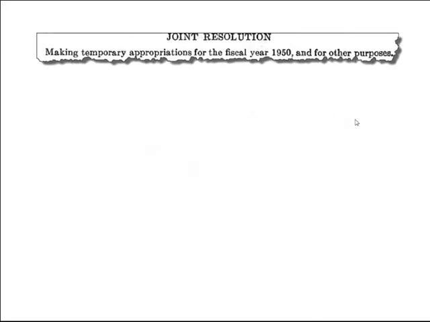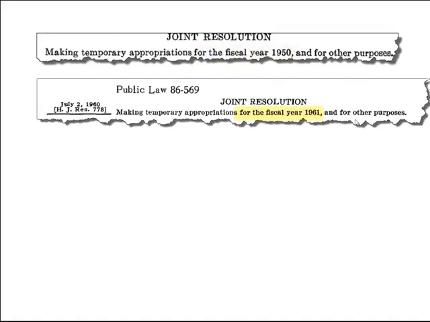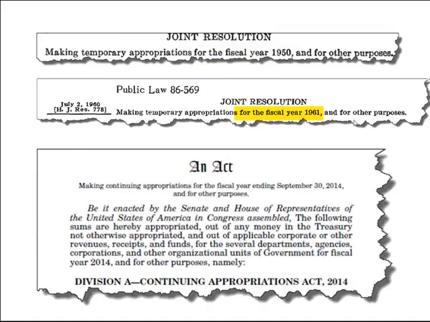Why is that? Well, notice the language from the 1950 CR, making temporary appropriations for the fiscal year 1950. Same format was used in 1961 and all the years up to 2014.